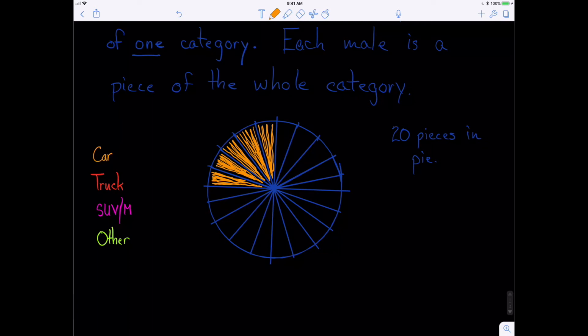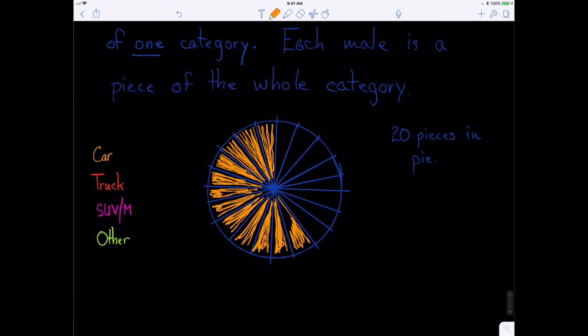So let's see, I have 1, 2, there's 5 pieces. Keep coloring. 6, 7, 8, 9, 10, almost there, we have 11, 12.